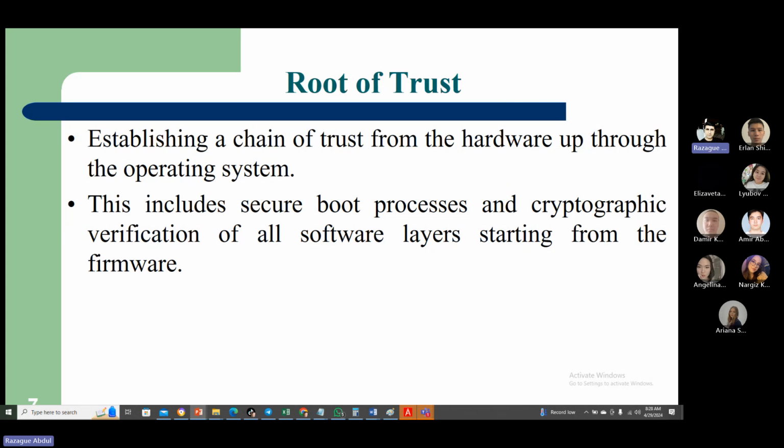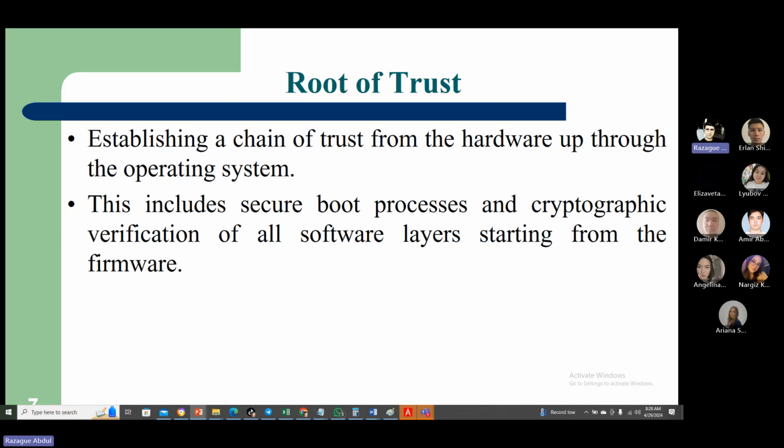So it's very important to understand here what the components of root of trust are. The first component of root of trust is secure boot. Secure boot is a critical component of root of trust that ensures that the device starts in a trusted state.